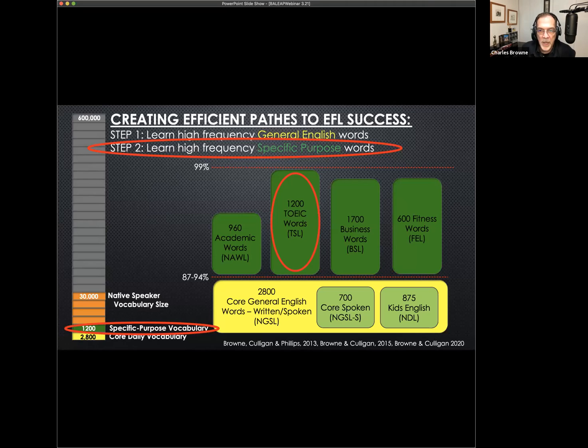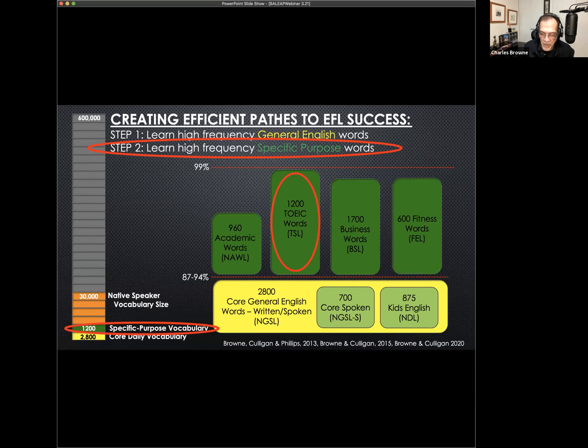And I realized that test English, when compared to other genres, is a very tight and narrow and easy to predict slice of English. So my colleagues and I, Brent Culligan and I, talked about the idea of creating a corpus of TOEIC English, and we expected that we would be able to get more than 92% coverage.